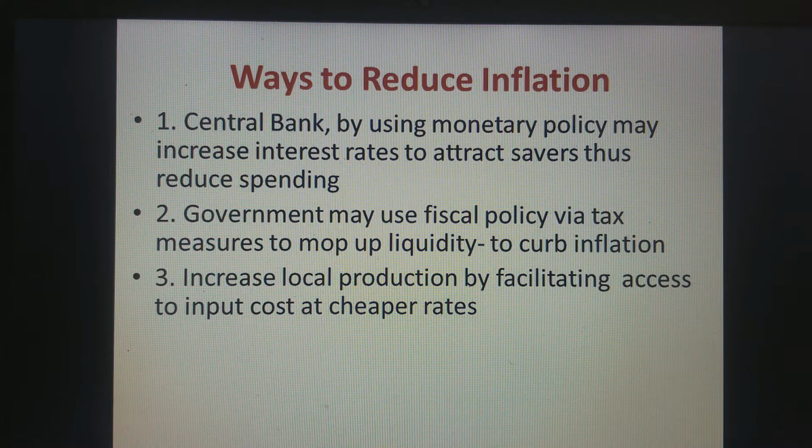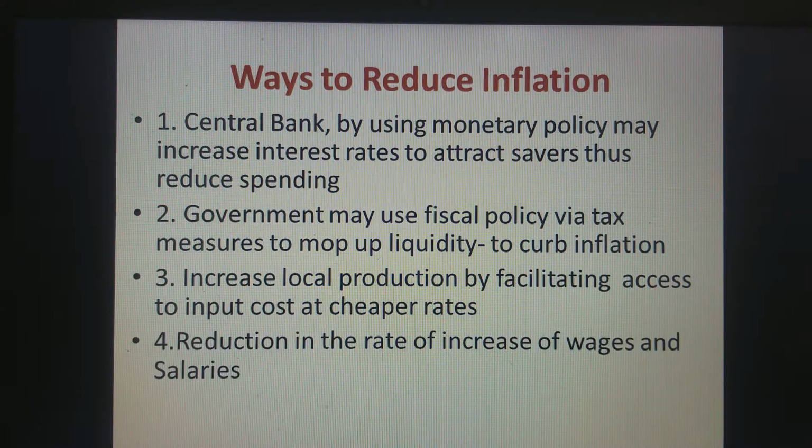And we're talking about input costs. So they will lower, for example, the price of fertilizer for farming, or they lower certain input costs like flour, wheat, etc., so that the production of goods will be cheaper.